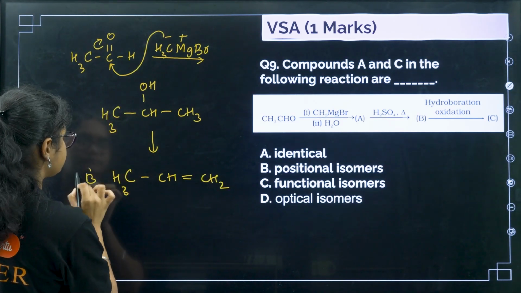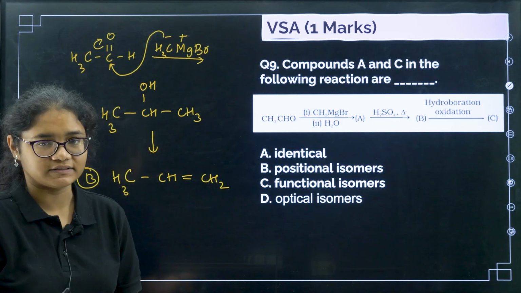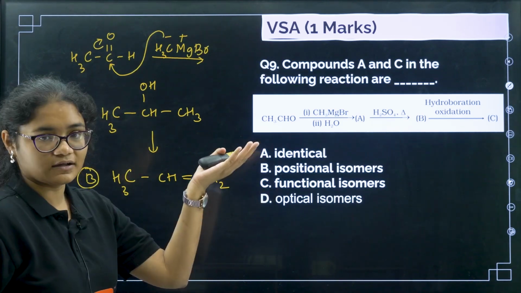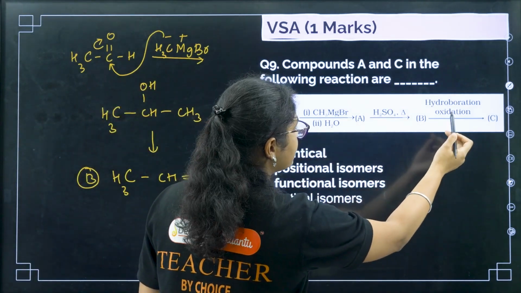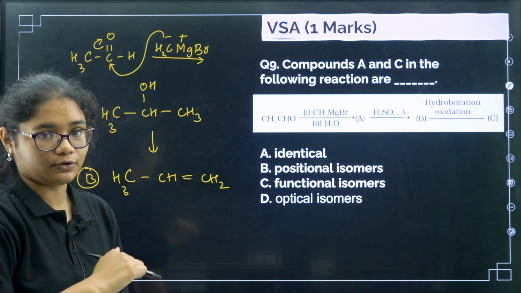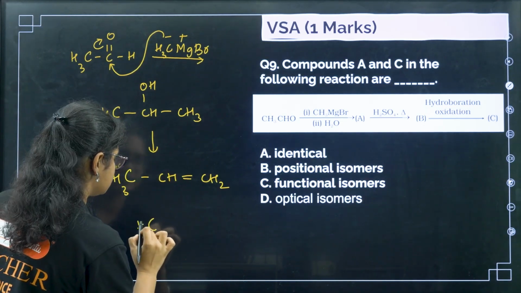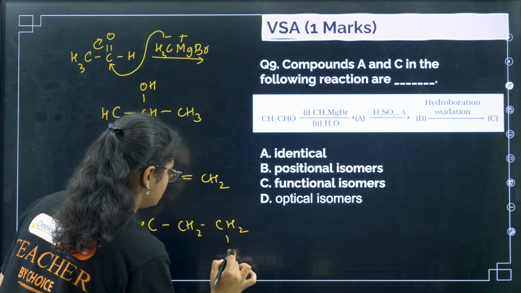This is B. Now after that, again addition, hydroboration and oxidation. This will add OH and H following anti-Markovnikov's rule. So what I'll get is CH3 CH2 CH2 OH.